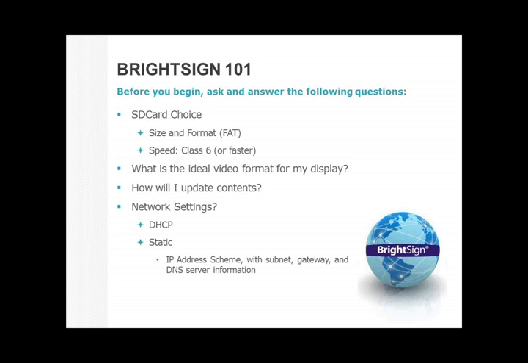Rarely you'll encounter a piece of media, or perhaps a large video file, that is in fact larger than 4 gigs. And you're not going to be able to use that on a BrightSign player. You'll need to take that file to an external video editing system and cut it into 2 pieces. So the front piece and the back piece, or piece A and piece B. Now the good news is the player can play through those 2 segments seamlessly.